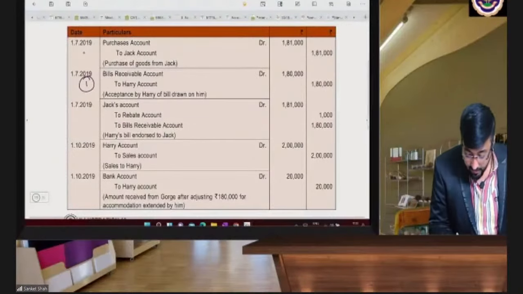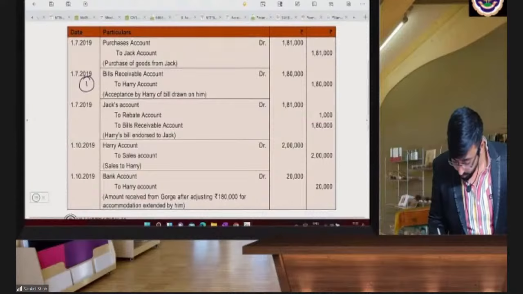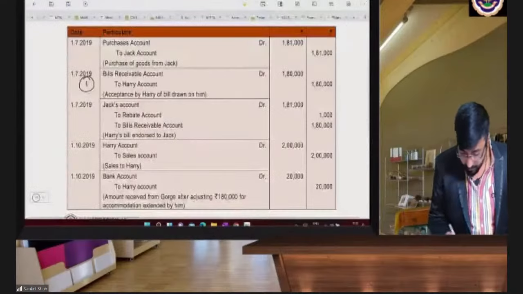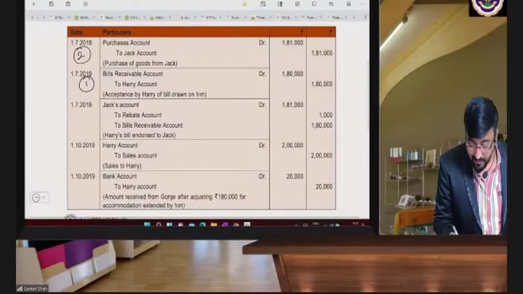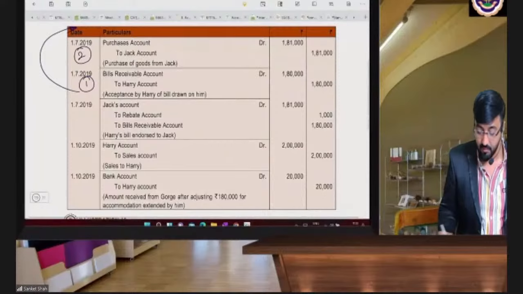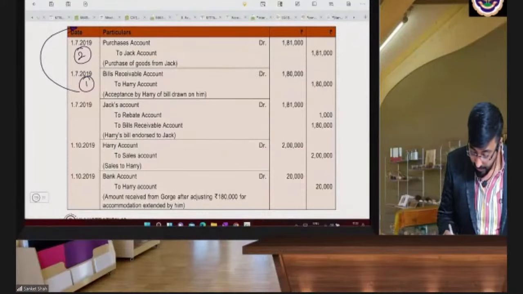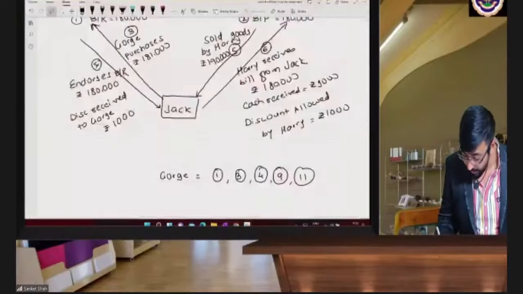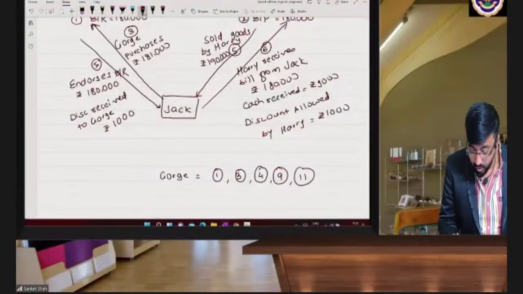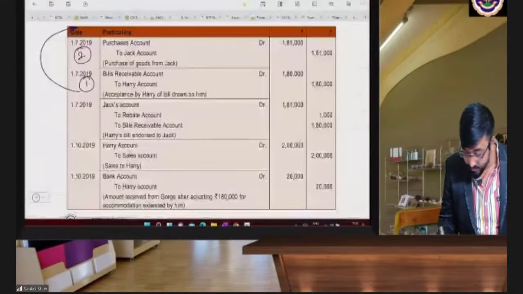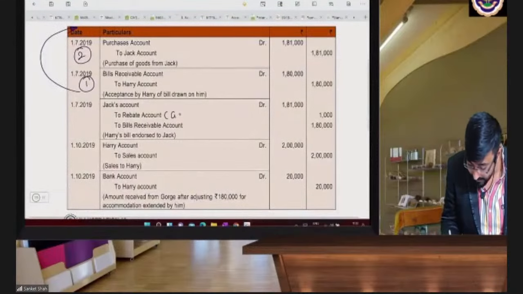Just change the sequence, the sequence is not correct. According to my diagram it is the third entry, but you have to pass this entry, so please interchange these entry numbers. Purchases to Jack. After that, Jack to endorse entry: Jack account debit to bills receivable, to discount. This is a gain for me; rebate means it's income.